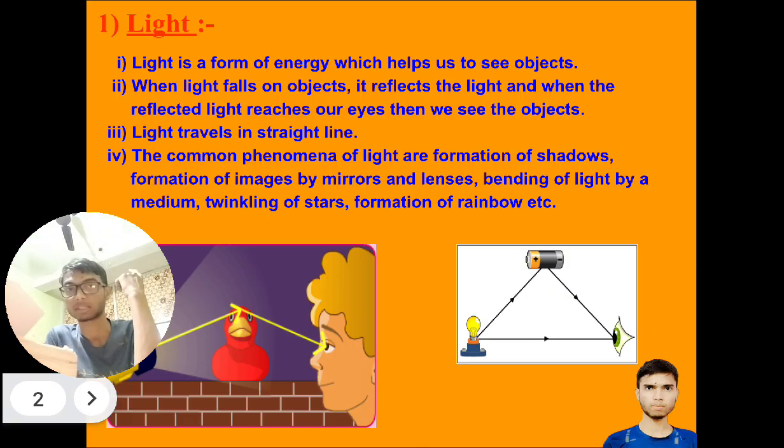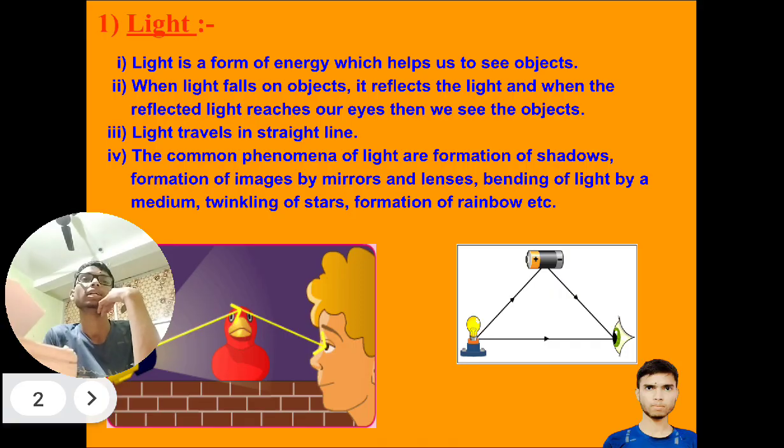If you are surprised to see that light is not turning into another direction, it means the object is transparent. So anything we can see is because light falls on the surface of the object and then turns into another direction. This is the process of seeing objects.